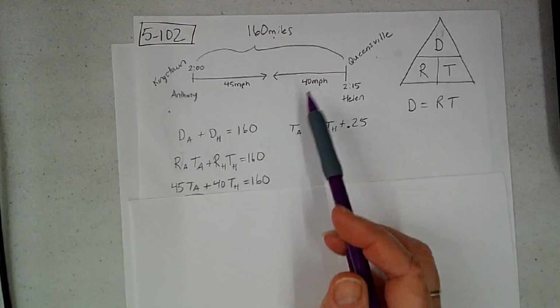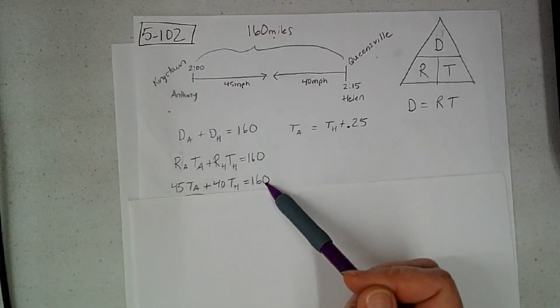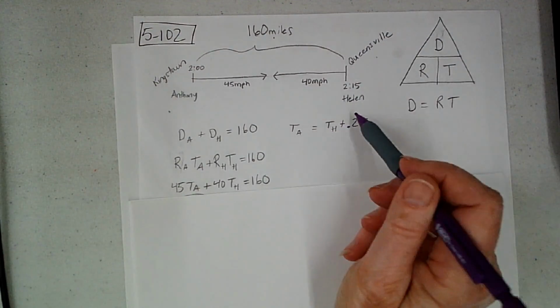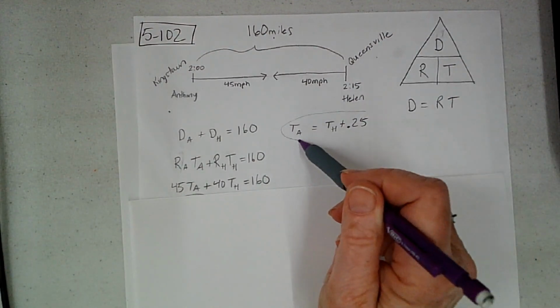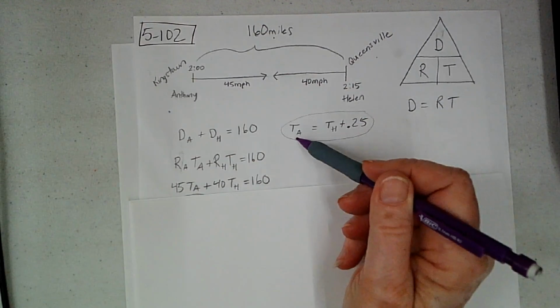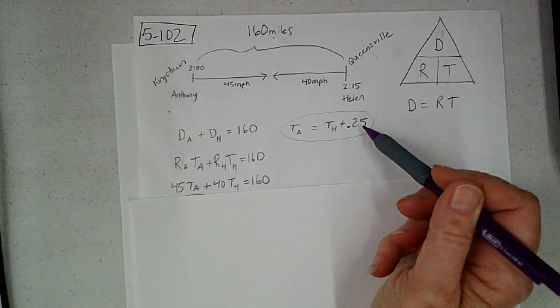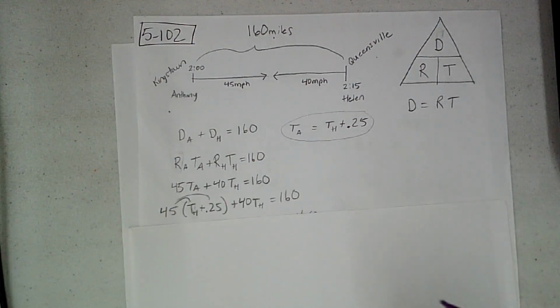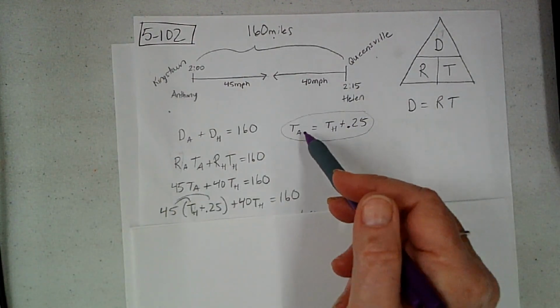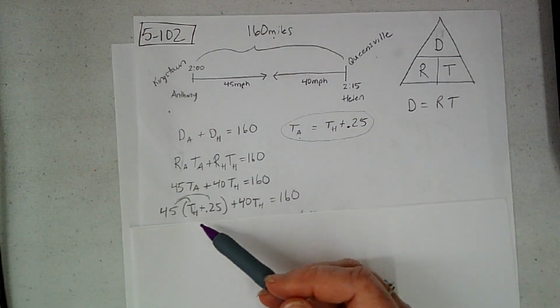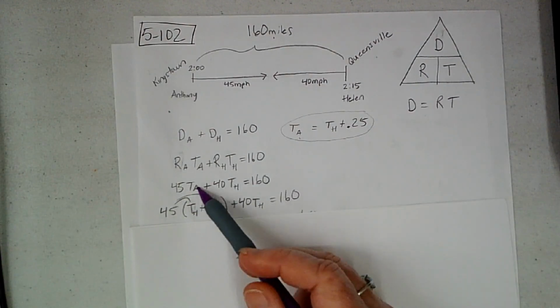So I just plugged in the rates, and then I already kind of have some little clue about their times. I know that Anthony's time is going to be Helen's time plus 0.25. So I'm going to do a little substitution. So I'm plugging in for T sub A. See T sub A?